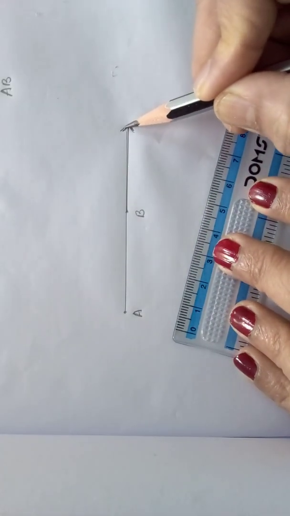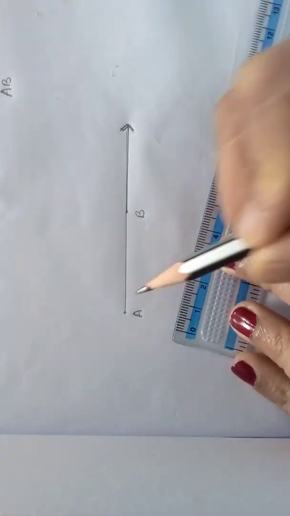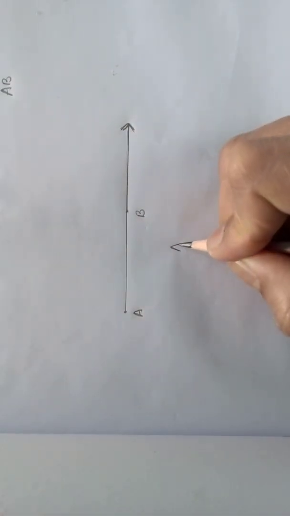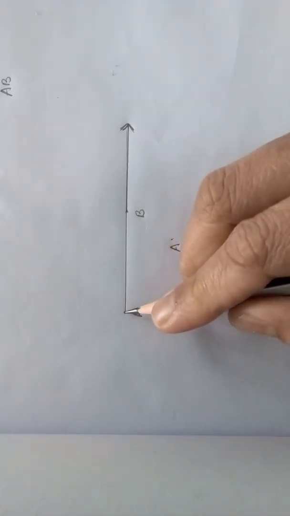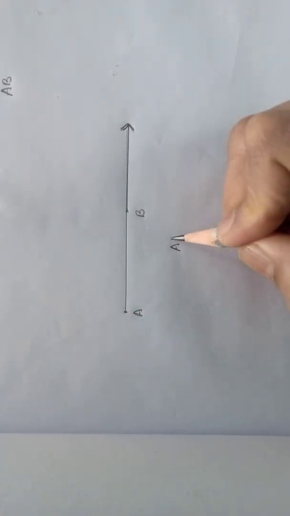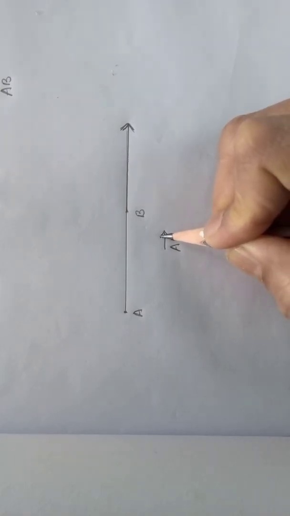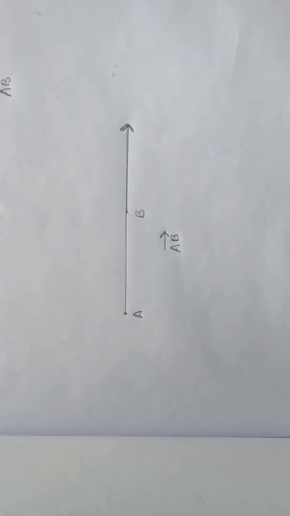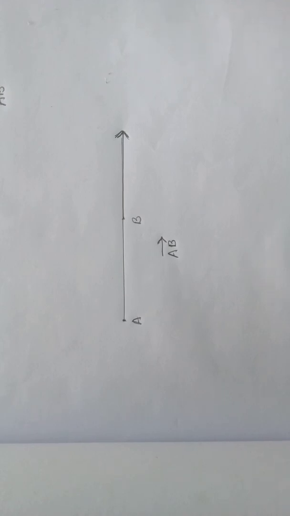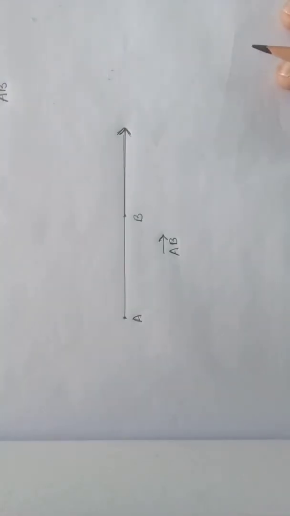Then it will become the ray, with the initial point A. Then AB will become a ray. A is the initial point, that is the starting point, and B is the point on the ray, and it will go on. The arrow mark indicates it will go on infinitely. Understood, children? Ray AB.